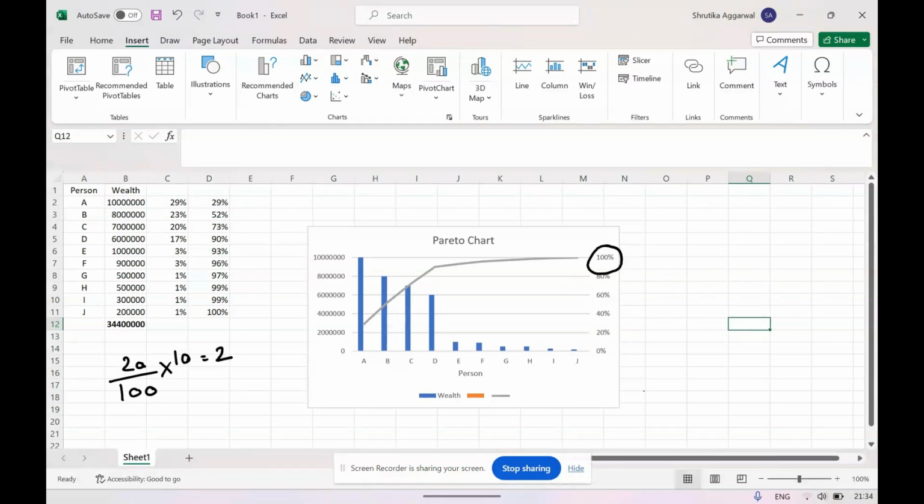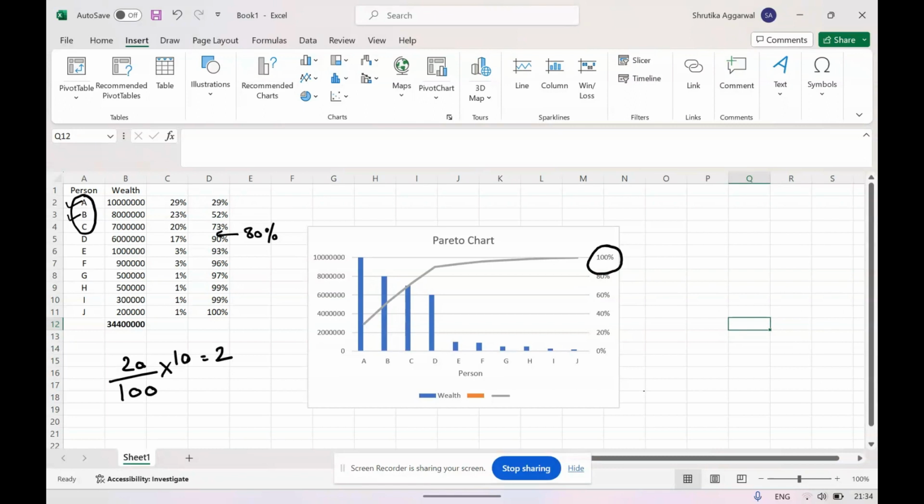The first two people should contribute to 80% of my wealth, that is person A and person B. But what we see is the 80% lies here. My 80% lies between 73% and 90%. So in reality, what we see is the first three people, A, B, and C, are contributing to 80% of my wealth.